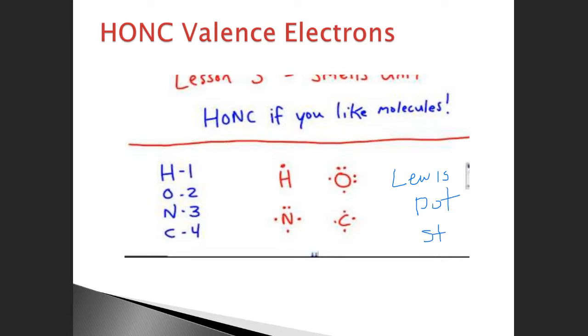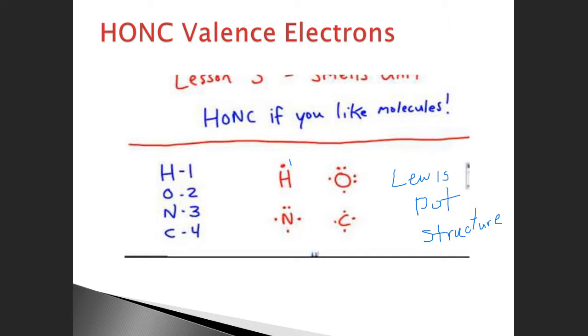And they are not interested in all of the electrons, right? They're only interested in the valence electrons.